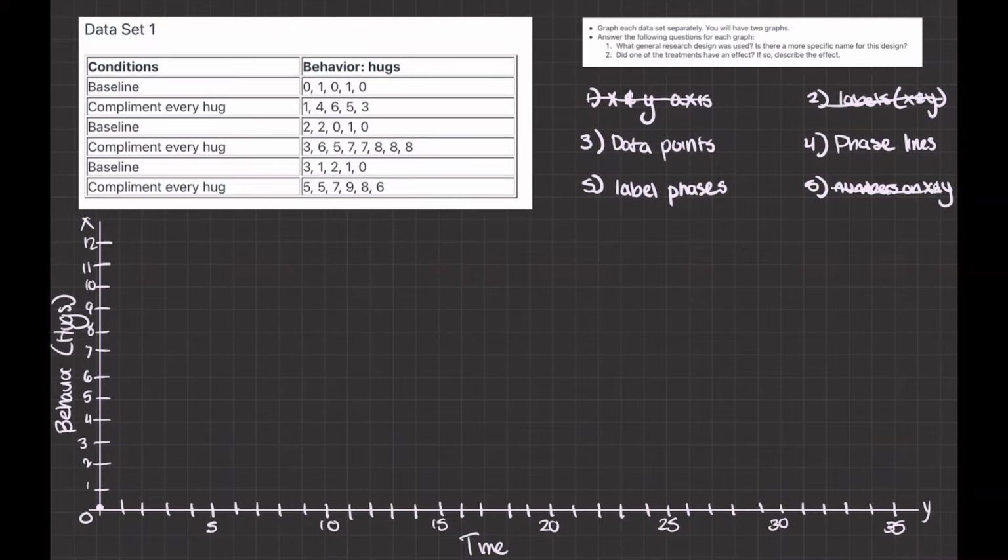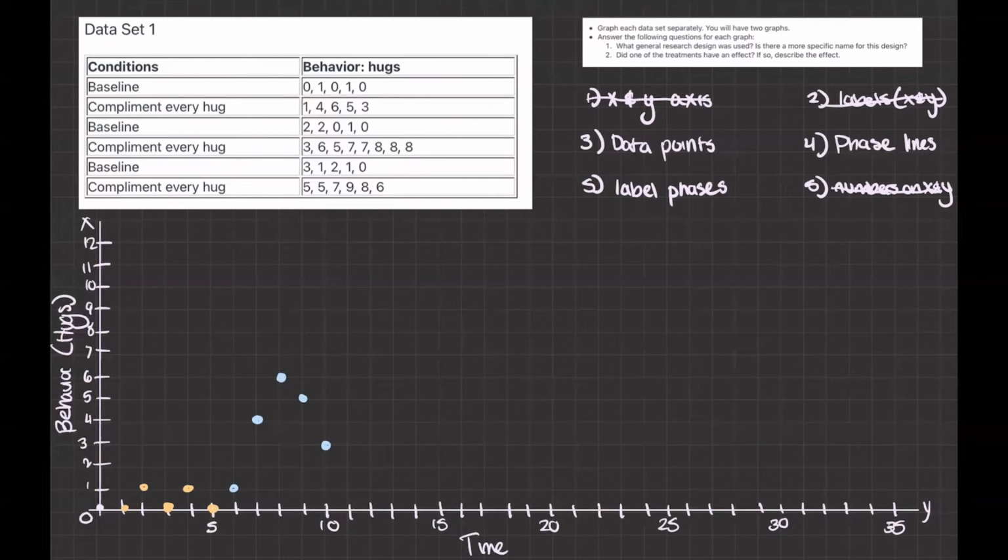So now the best thing to do is to plot out our data. So first we got our baseline. So we got 0, 1, 0, 1, 0. And then for the other one, I will be doing it in a different color for the treatment. So we got 1, 4, 6, 5, 3.